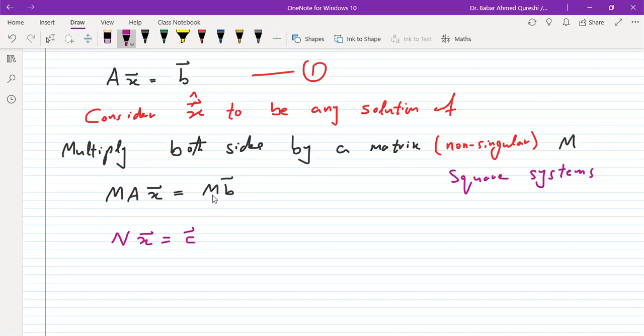And since B is known, M is known, I've just multiplied the matrix by hand. So I'll get a known column over here. So this is a new system of linear equations.